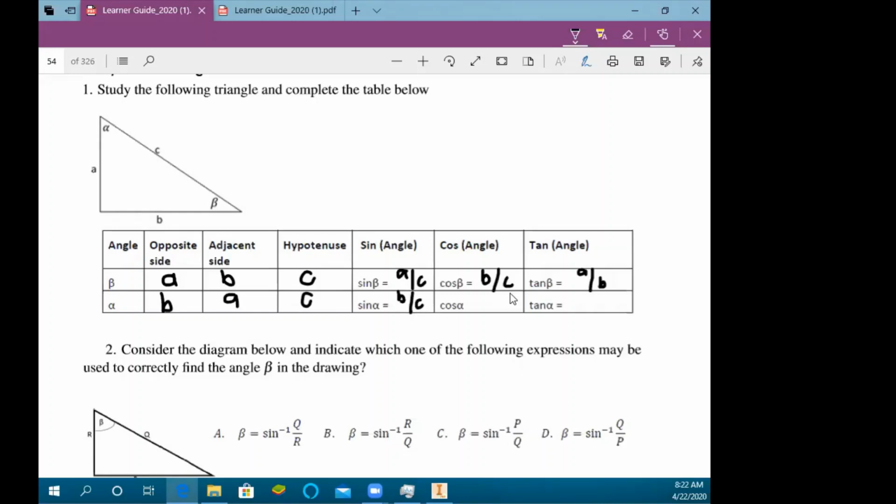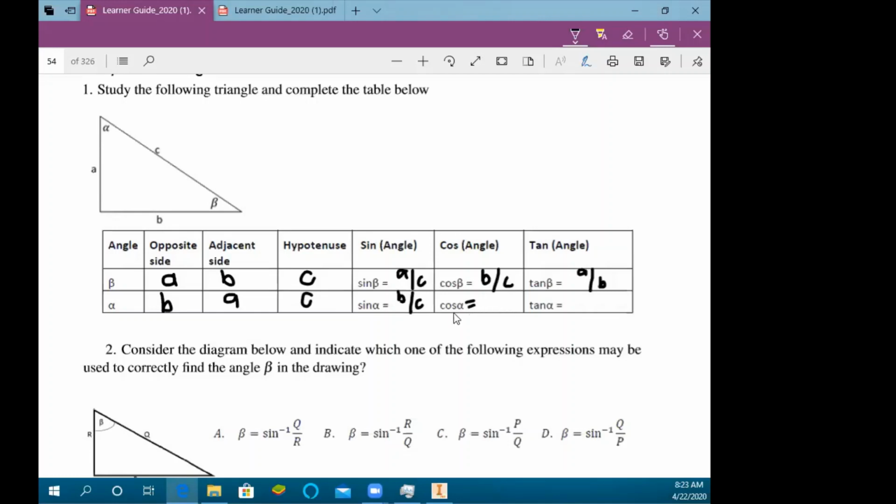Now let's go on to cos. Cos is the ratio of the adjacent to the hypotenuse. So in this case, it should be an equal sign here.